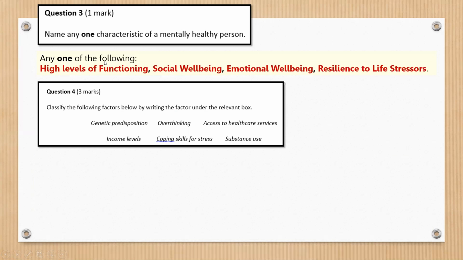Miss? Yeah. How about if you did not name those, but you gave it in a different way, like I said, a mentally healthy person is able to set goals for themselves and strive to achieve them. Would that count, or do you have to state it in that way? What you just talked about is actually a concept called self-efficacy, but we don't learn about self-efficacy this year because it's been removed for your adjusted study design.